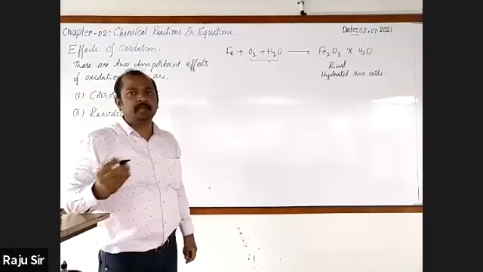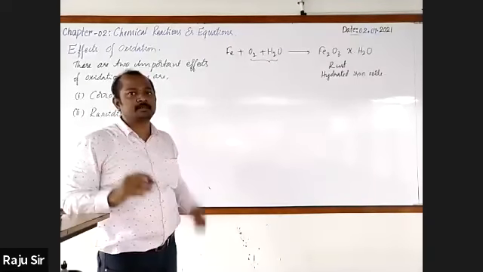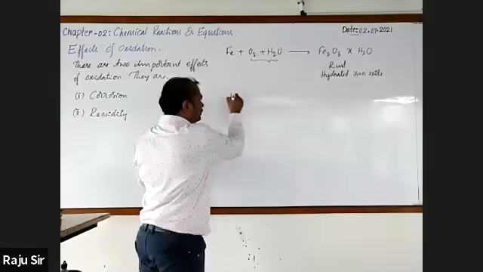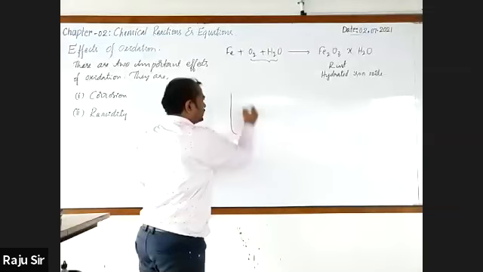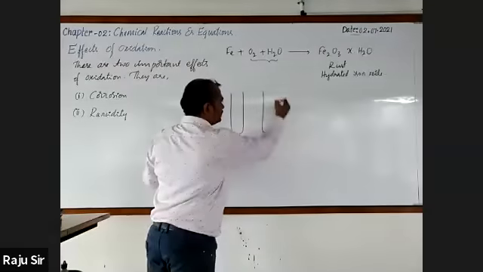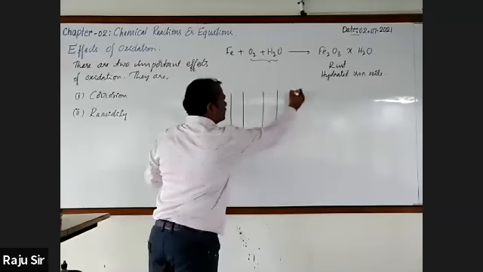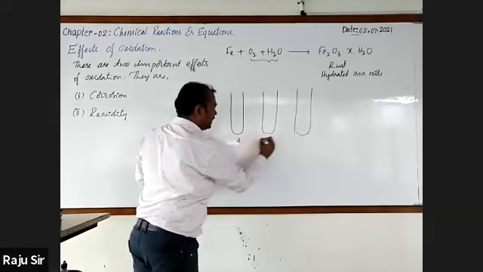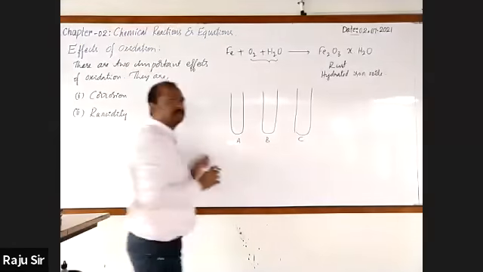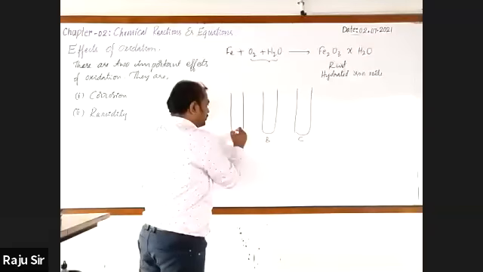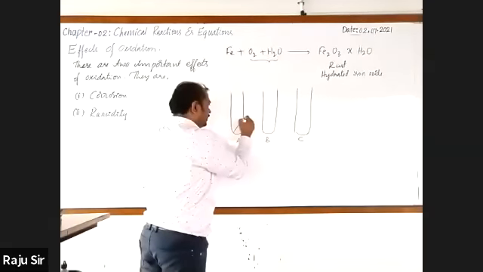So for that, we have a simple activity. Just observe. In this activity, you are going to take 3 test tubes, and let us name these test tubes A, B, and C. In the first test tube, you are going to place an iron nail.